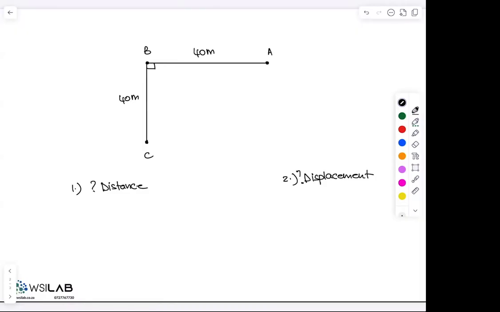So maybe you can just do that diagram and then answer the 2 questions.